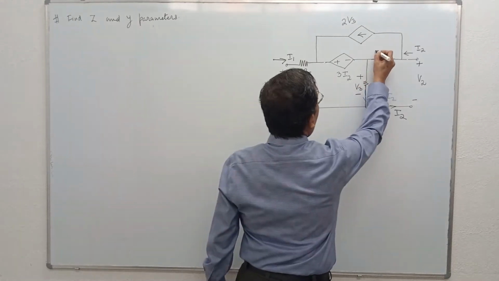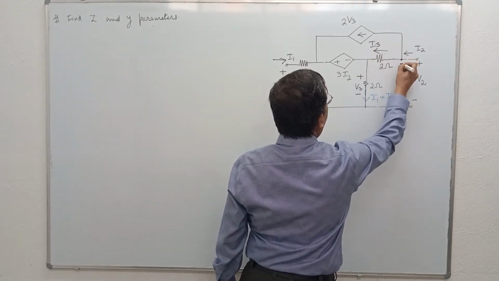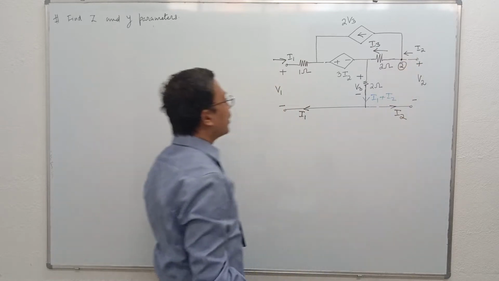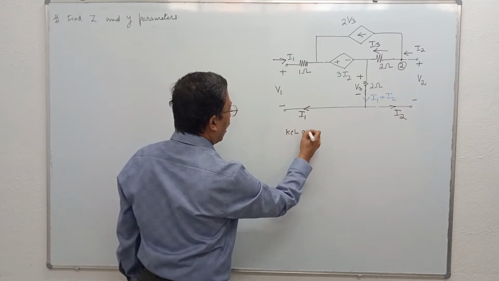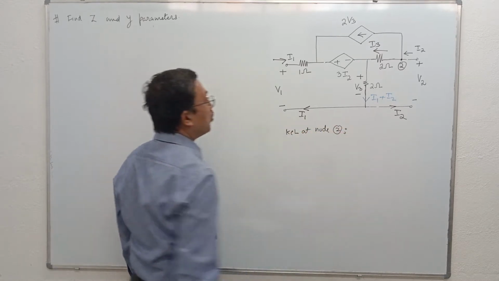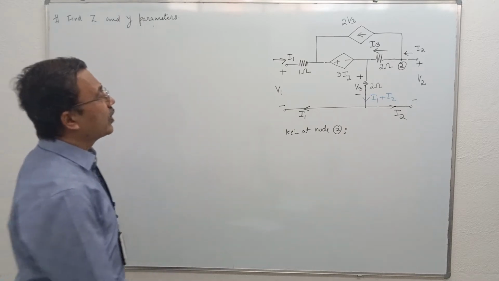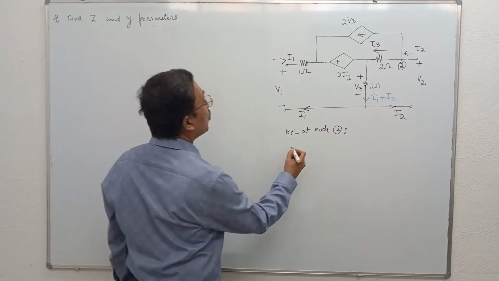Let us assume this current to be I3. This is node number 2. I will apply KCL, Kirchhoff's current law, at node number 2. What are the currents leaving node number 2?